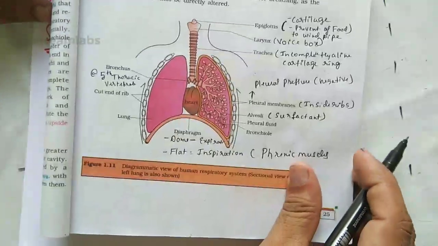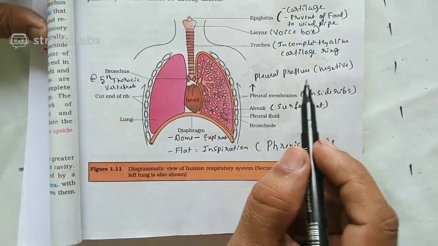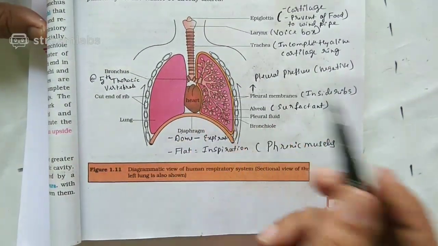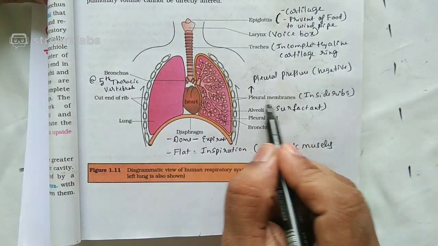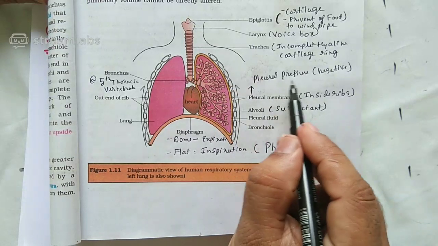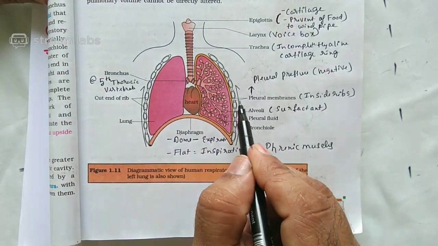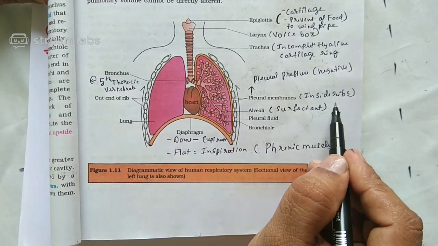Okay. After the trachea gets branched at the fifth thoracic vertebra, then we have the lungs portion. See here, the lungs are covered by the pleural membrane, and pleural pressure should always be negative compared to the lungs pressure, and pleural membranes are present inside the ribs.